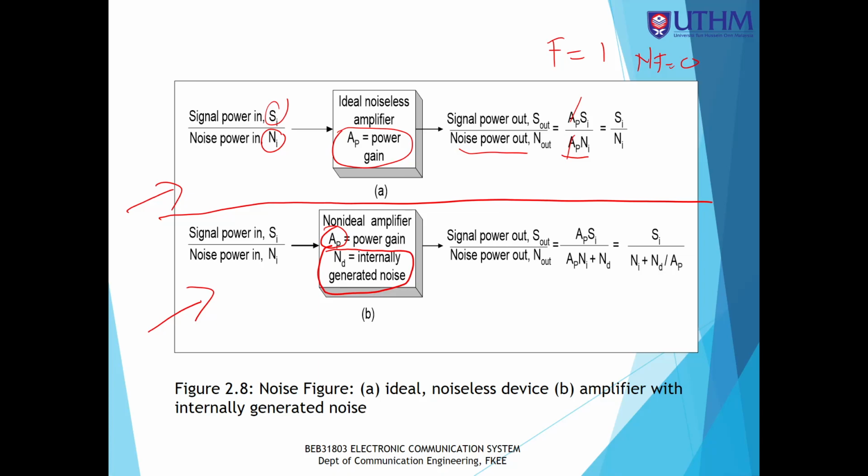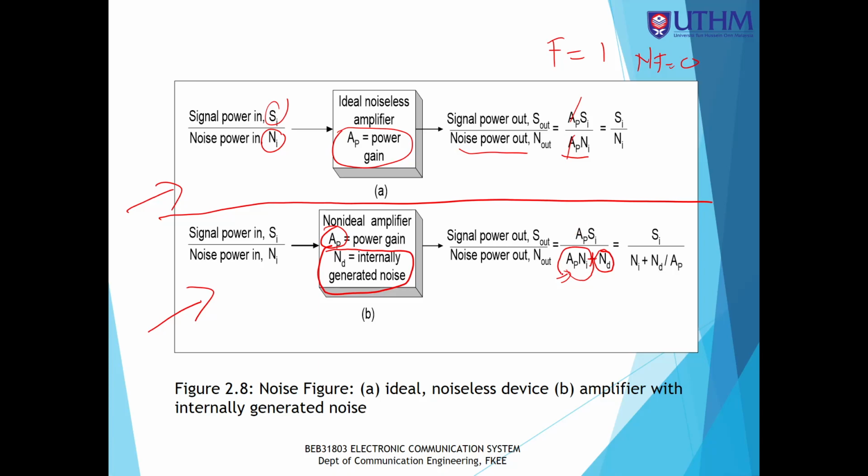The output signal power is AP times SI, but something happens in the output noise. The output noise is equal to the gain multiplied with the input noise, plus the internally generated noise.